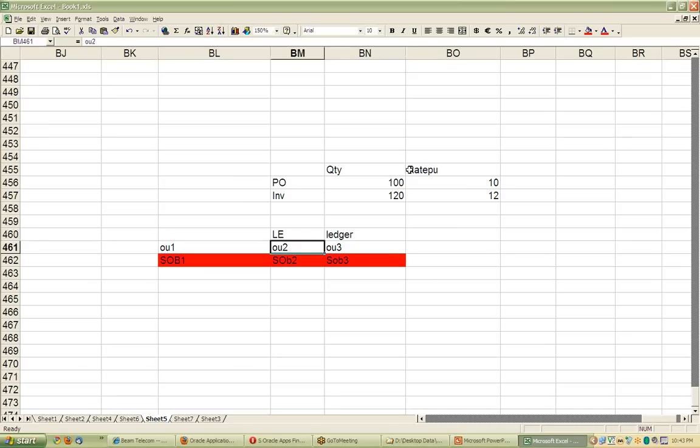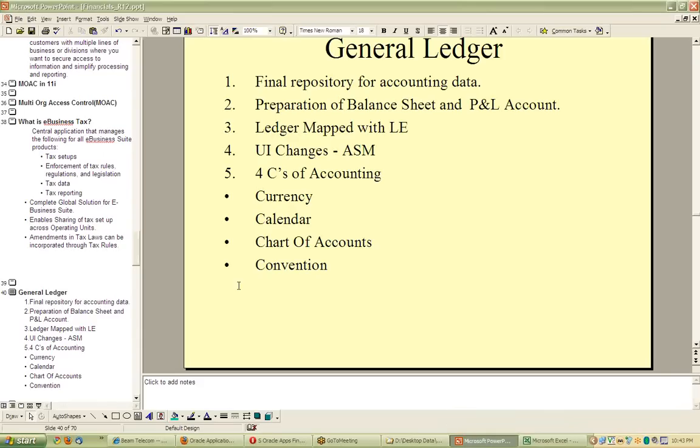It is like centralized processing, and it's very easy to access multiple accounts for different operating units using a single ledger. So if you close this ledger, automatically the books are closed for all the 3 operating units.